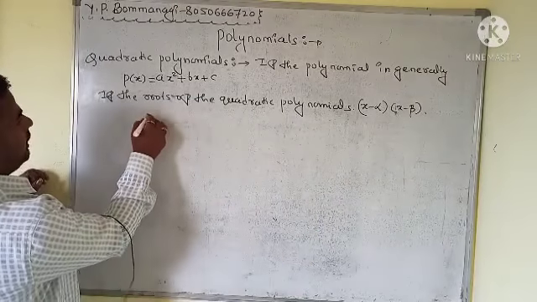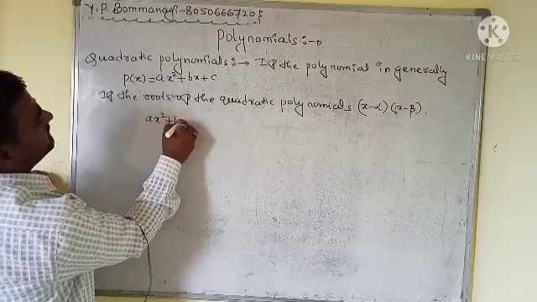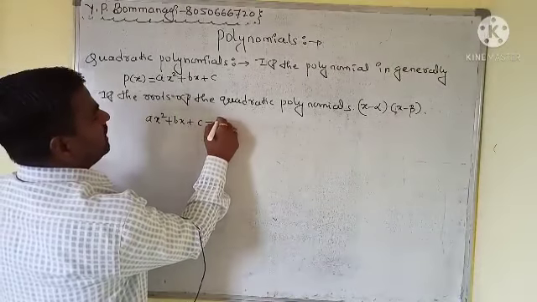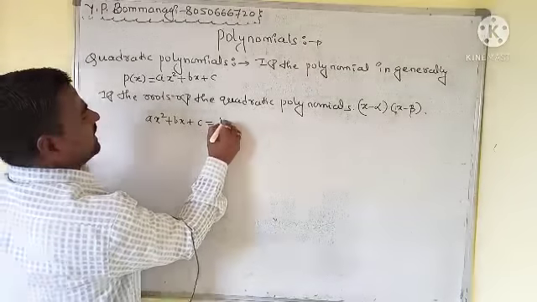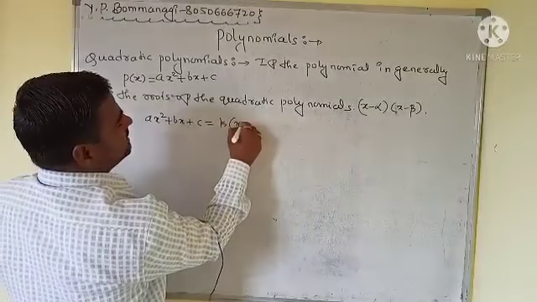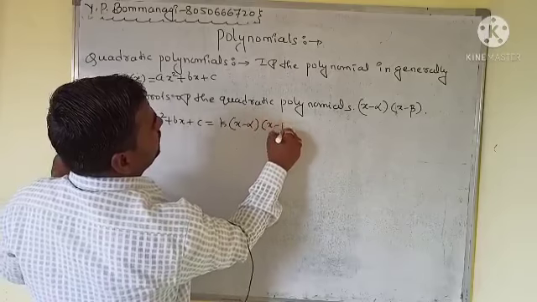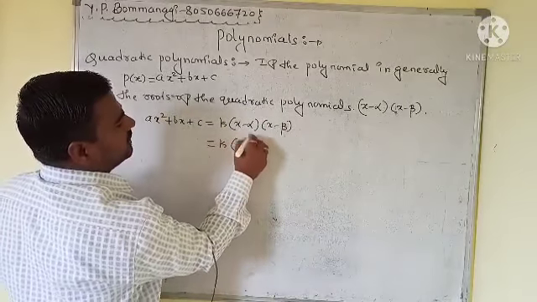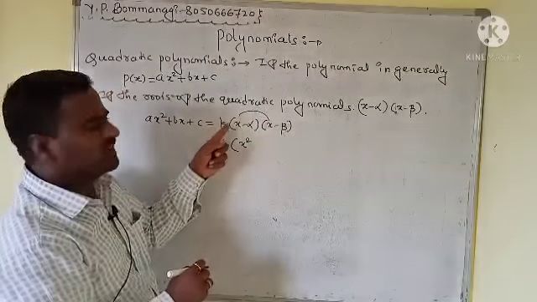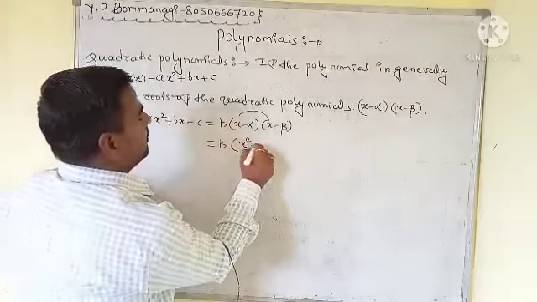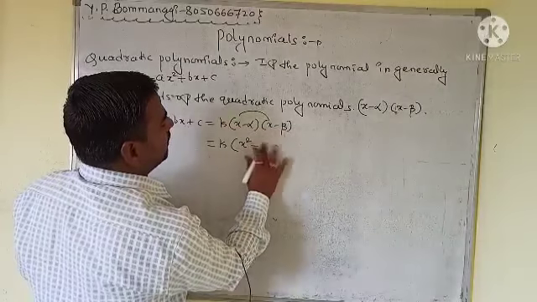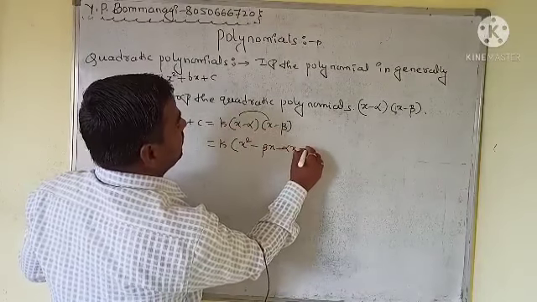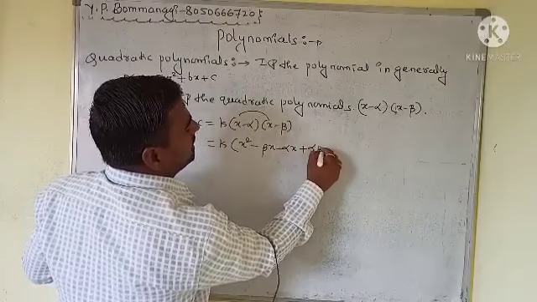So here, ax square plus bx plus c is there in this expression. So, shall I take k as a constant? That one is x minus alpha, x minus beta, right? So keep the constant outside, x square, right? Distributive law. So minus x beta, minus alpha x, minus into minus plus alpha beta.